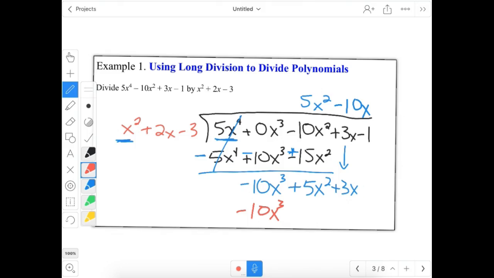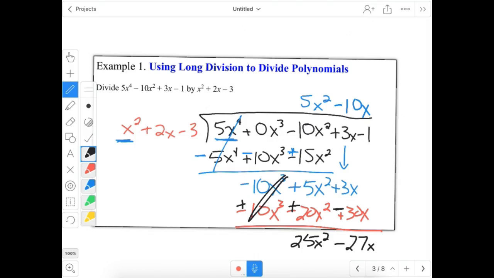Negative 10x times 2x gives us minus 20x squared. Negative 10x and negative 3 gives us positive 30x. And then remember, again, we need to switch the sign. So that's a minus, so it becomes a plus. That last one's a plus, so it becomes a minus. These cancel out. 5x squared plus 20x squared gives us 25x squared. 3x minus 30x gives us negative 27x. And then drop down that negative 1.